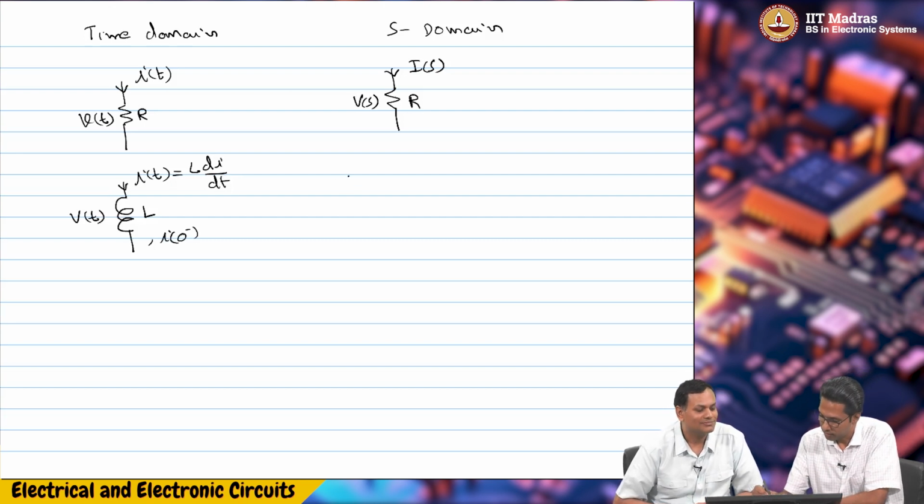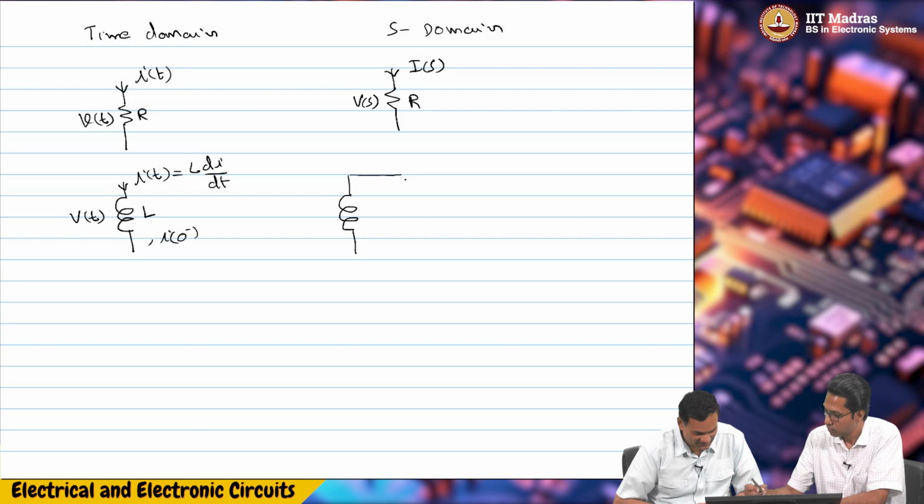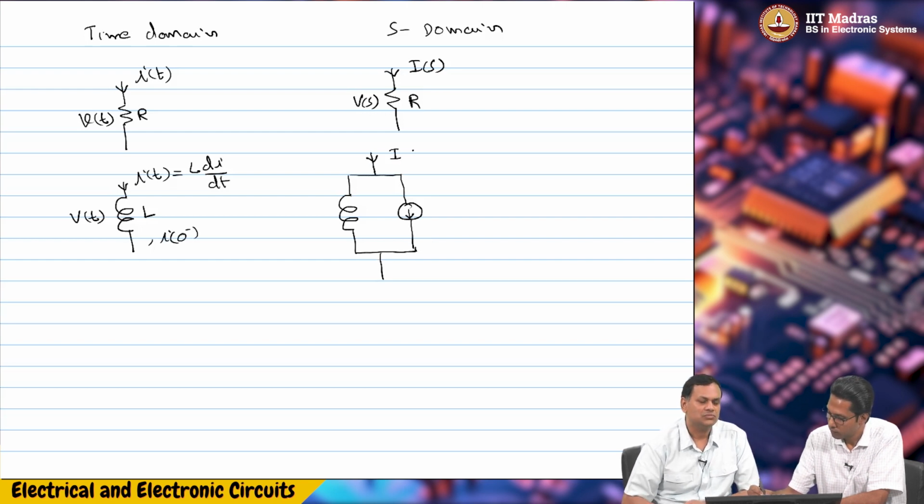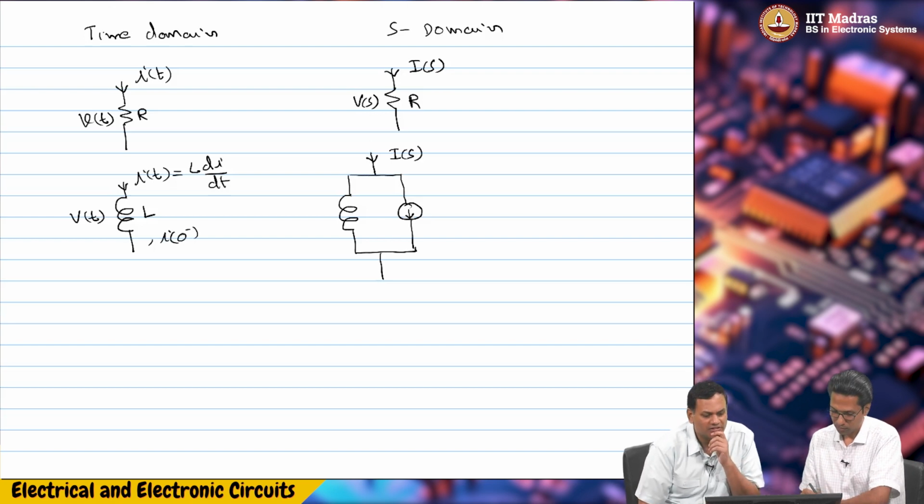And then what we had was one inductor and a current source in parallel. Was this upward or downwards? Downwards, I think. We can cross check. Let's go back.